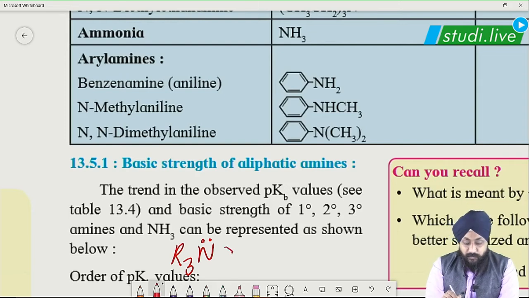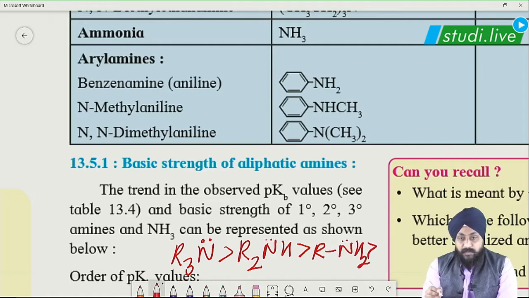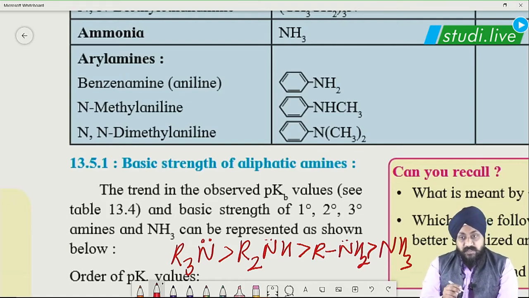So tertiary amine will be more basic than secondary amine, secondary more basic than primary amine, and primary more basic than ammonia. This is true in the gaseous phase.